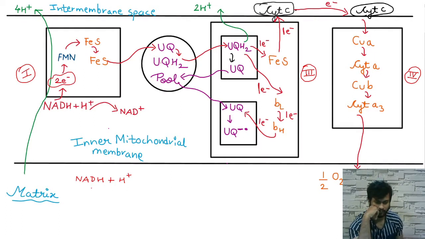How? In the previous lecture we studied that NAD plus will accept two hydrogen atoms. Out of the two hydrogen atoms, one hydrogen atom will be accepted as a hydride ion.